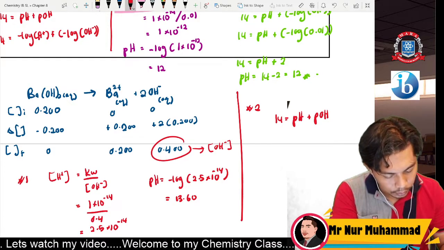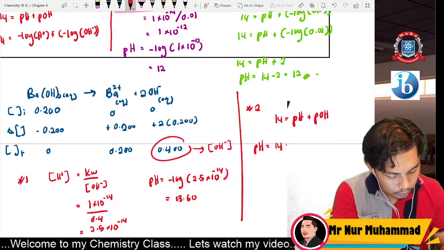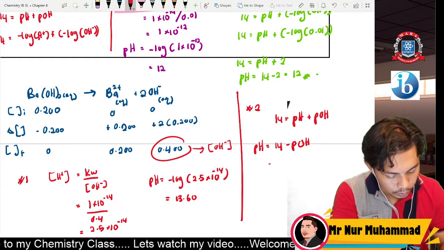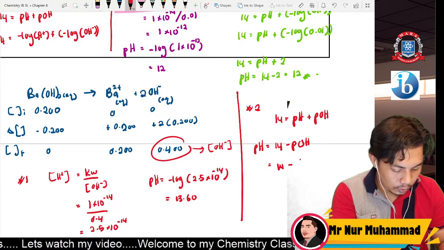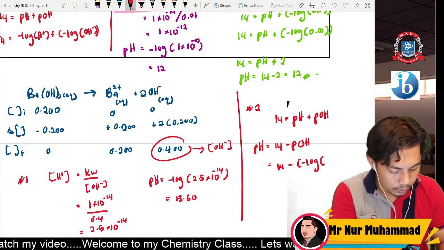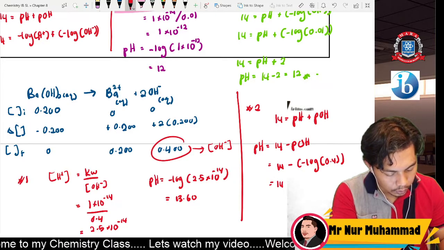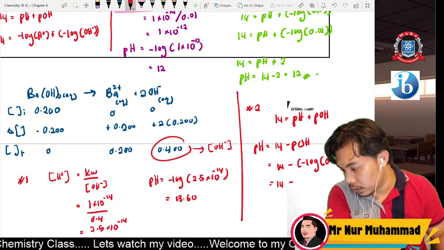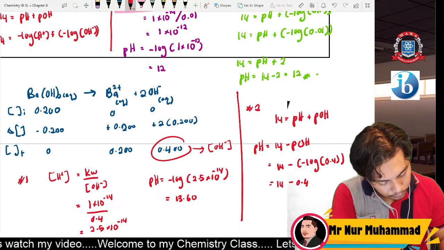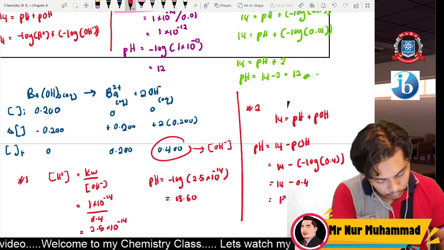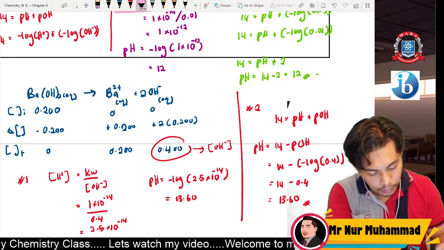So pH equal to 14 minus pOH, where pOH is equal to negative log concentration of hydroxide ion, negative log 0.4. So the final answer is 13.60. So this is the second method.